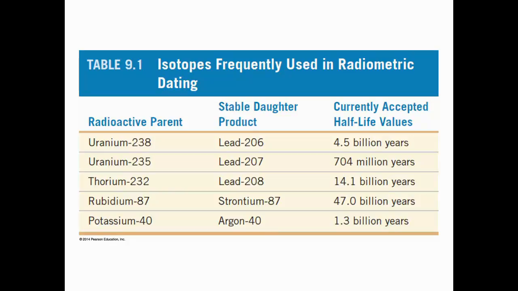The point is that the half-life for the parent to decay to daughter varies depending upon which parent-daughter radioactive isotopes we're looking at. You don't have to memorize these. These are just examples of different half-lives for different parent-daughter isotope pairs. Okay, yeah.